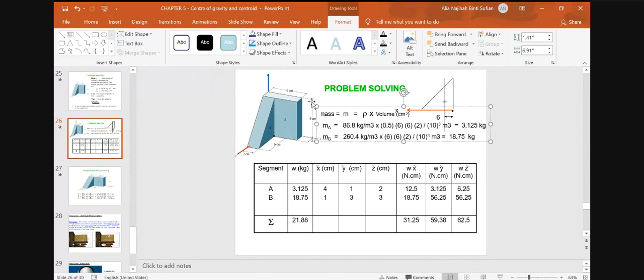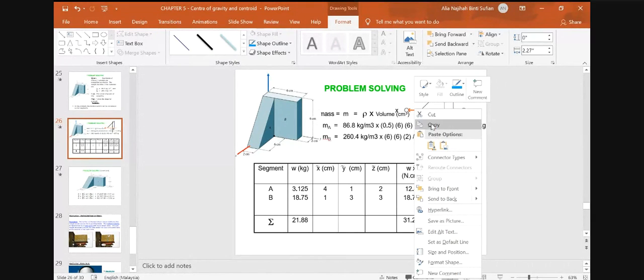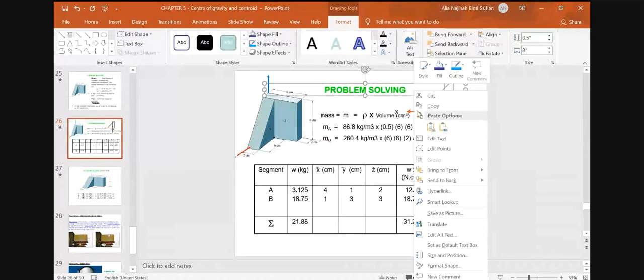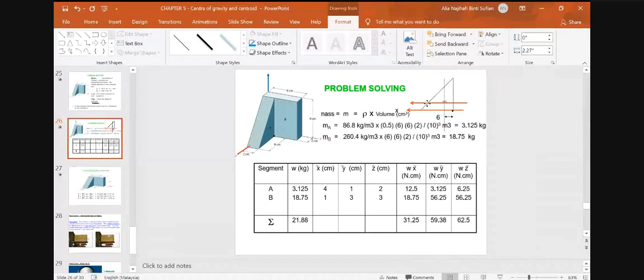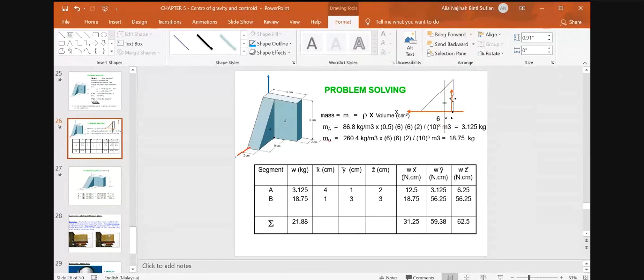2 meter there. But then the y-axis is 2 meter some more here. We take the distance x from the y-axis. This is the y-axis.